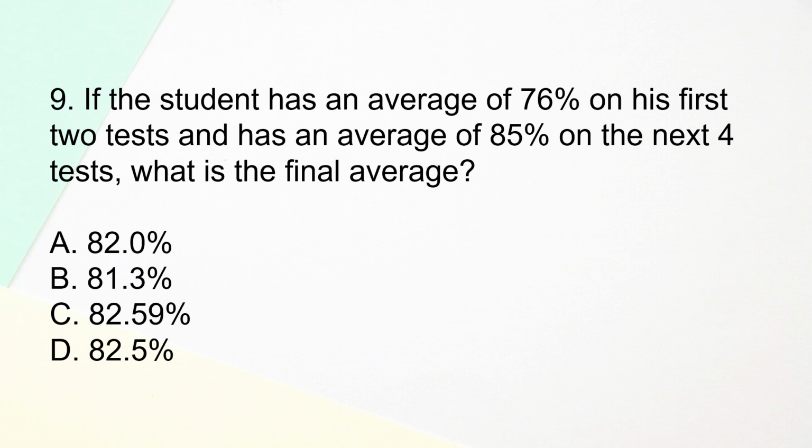Number 9. If the student has an average of 76% on his first two tests and has an average of 85% on the next four tests, what is the final average? Letter A, 82%, letter B, 81.3%, letter C, 82.59%, or letter D, 82.5%.